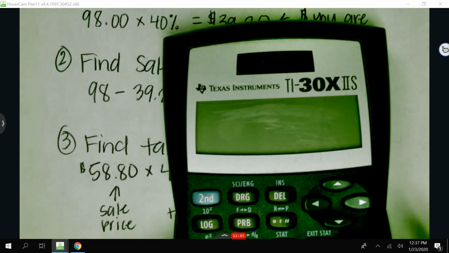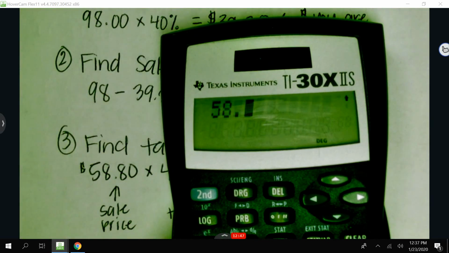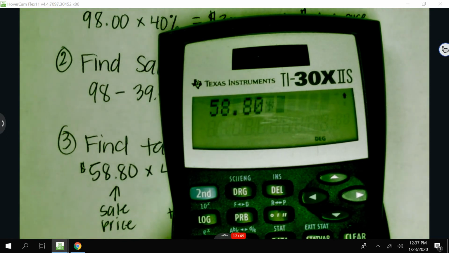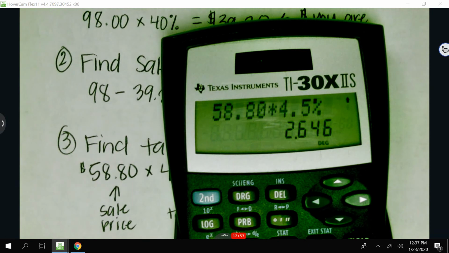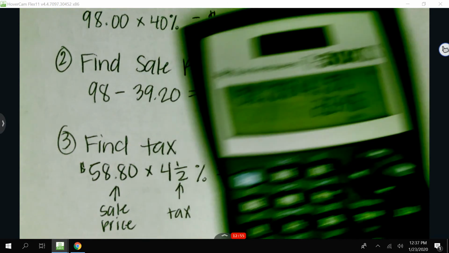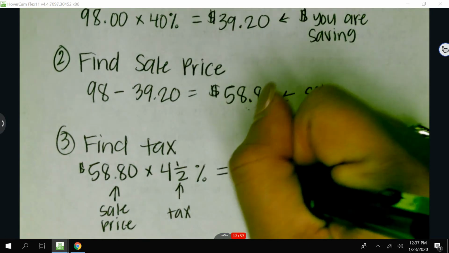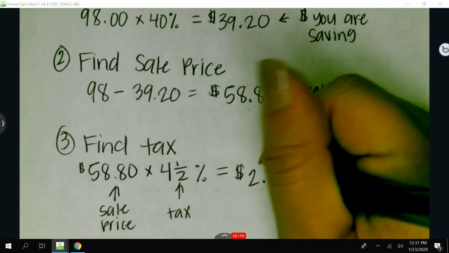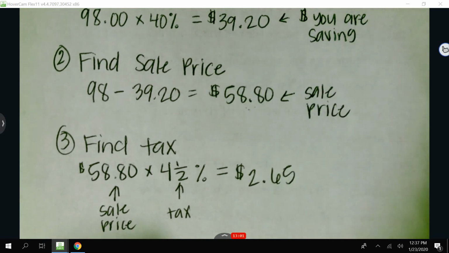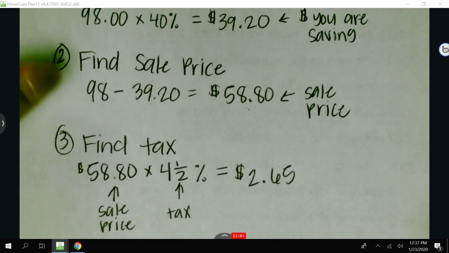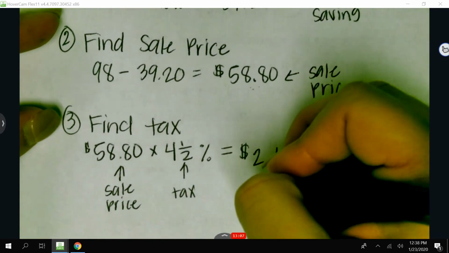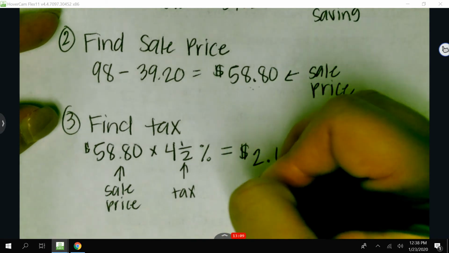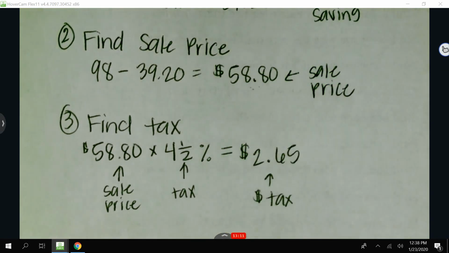Let's do it together. $58.80 times 4.5%. 2.646. So that 6 tells me the 4 to go up 1. So this $2.65 is the amount of money you're paying in tax.